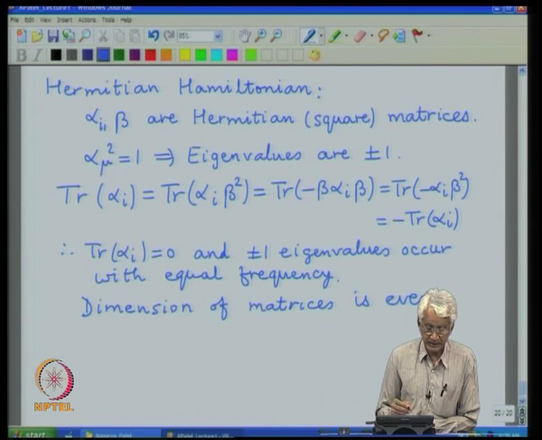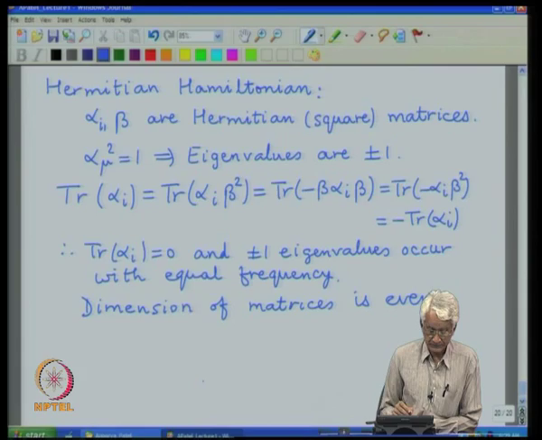So, Dirac needed a set of 4 matrices. That was not possible with just the Pauli matrices, because there were only 3 of them, and so he had to go beyond.